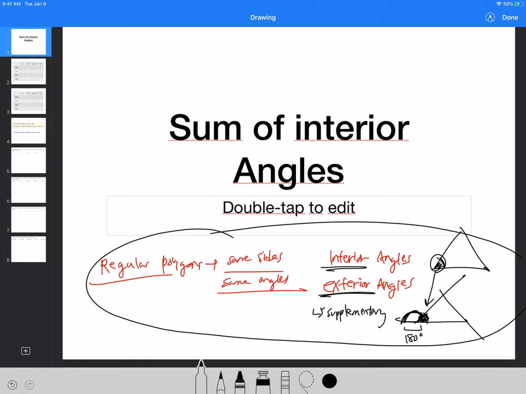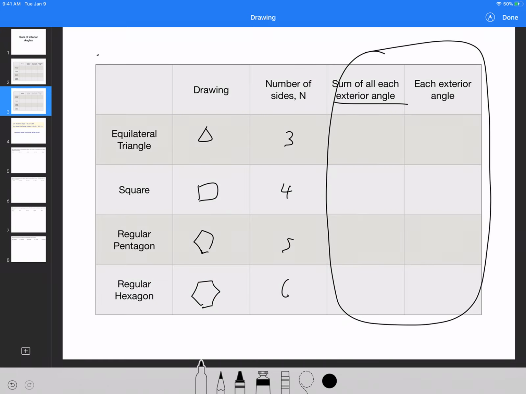Now, just like before, I told you how the exterior angle is always supplementary. The exterior angle plus the interior angle has to give you 180, because that's what it means to be supplementary. I should emphasize the word each: just one exterior angle and just one interior angle should give you 180. Before the sum, let's talk about each exterior angle in general.